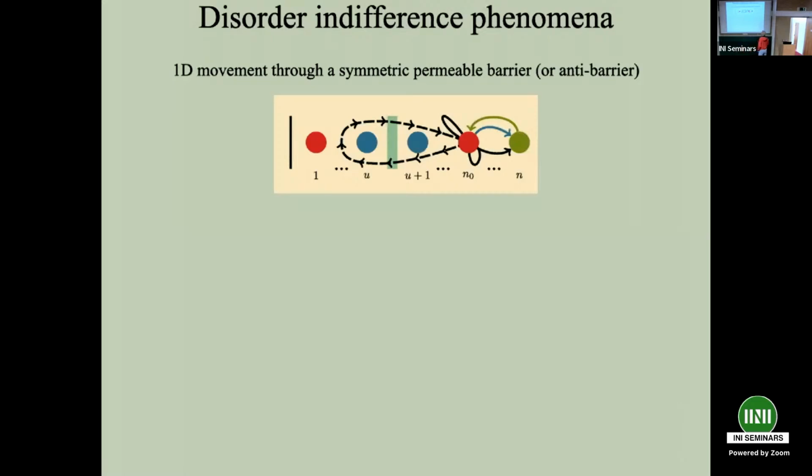So where do you think, now I'm going to shake you, where do you think the mean first passage is going to be reduced: as you push the barrier here, or as you push the barrier towards the reflecting side? It's a symmetric semi-permeable barrier.